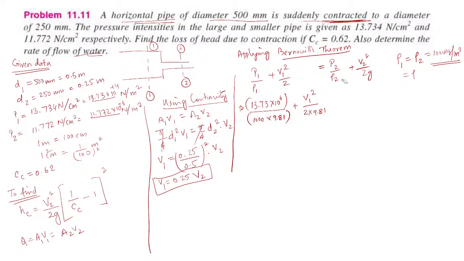So again, can I cancel off this G? In order to make my equation simpler, I can simply ignore this G and cancel it off from all the denominators. So I can write 2, and P2 here is 11.772 into 10 power 4, plus V2 square.